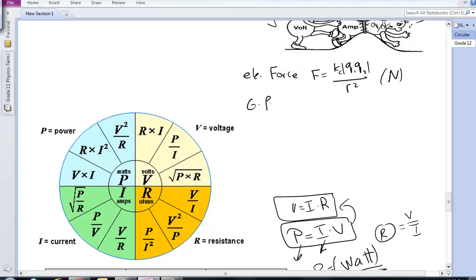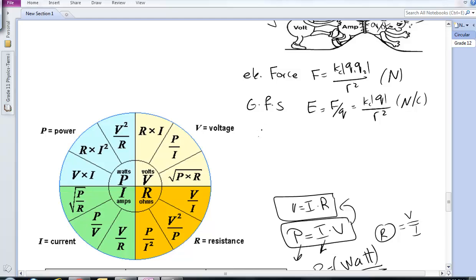Electric field strength, which is E equals F over Q, or Kc Q over R square, measured in newtons per coulomb.